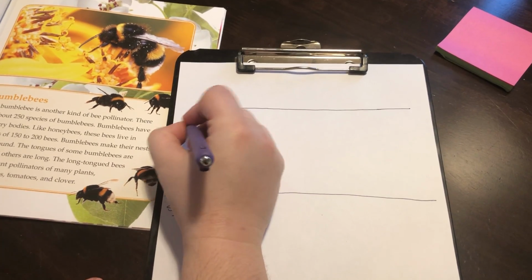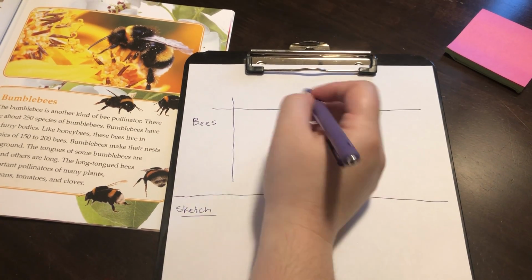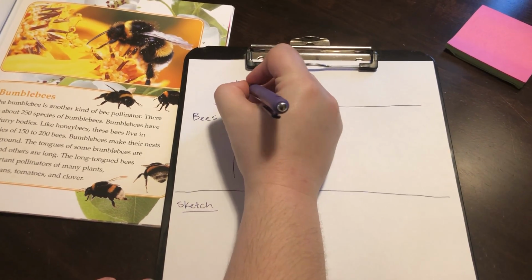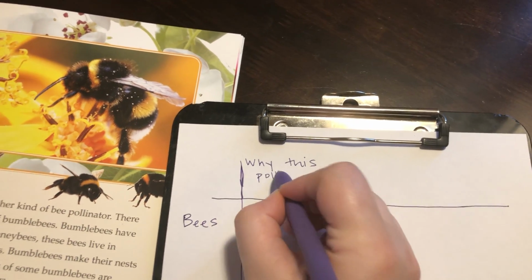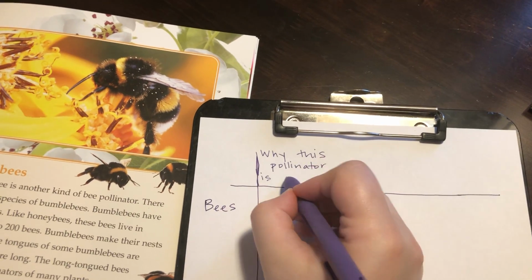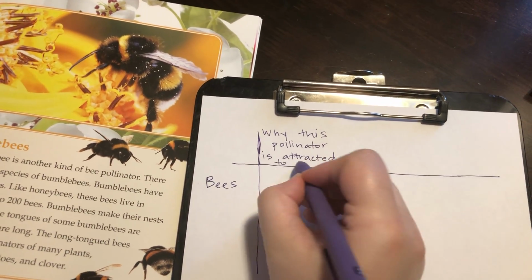Right here, we're going to put our pollinator, which is bees. And in this first box, up at the top, we're going to write why this pollinator is attracted to flowers.